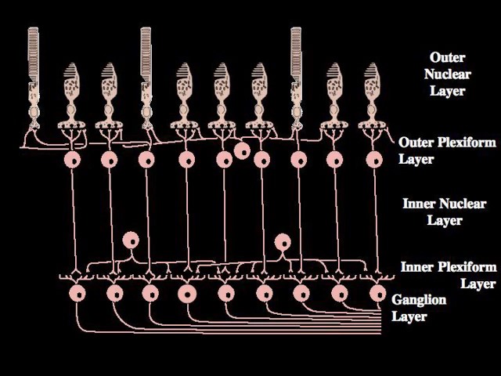Cones responding to coloured light. And there are three sorts of cones. The red cones respond to red light. The blue cones respond to blue light. The green cones respond to green light. Different wavelengths of light.